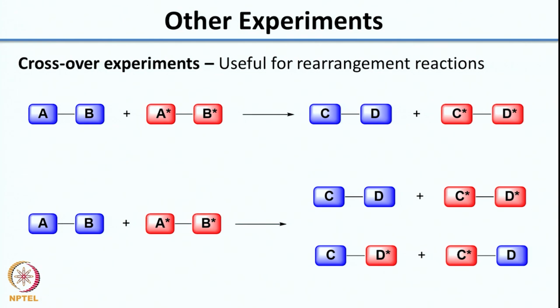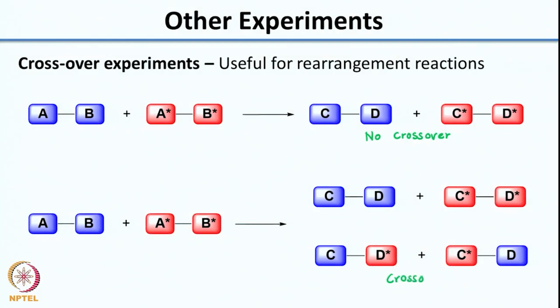In this case you see that a crossover has happened. You can see the crossover here with the different colors. Crossover has happened means that AB or A star B star have actually disintegrated to give you intermediates which can then recombine to give you all possible combinations.